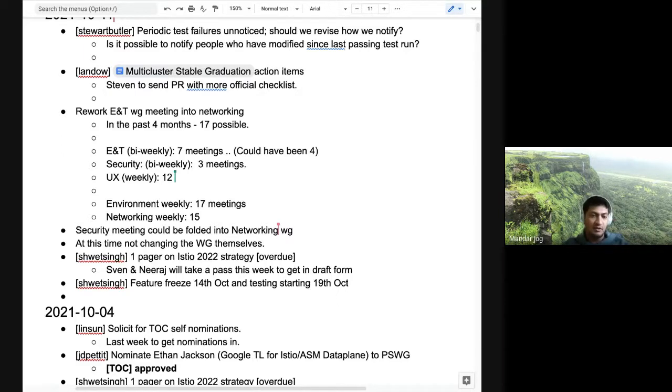We will already make the change for ENT and networking, and once Oliver can get back, you guys can also make the change. You don't need to come back to the TOC to make the change, because if you agree mutually, then sure.